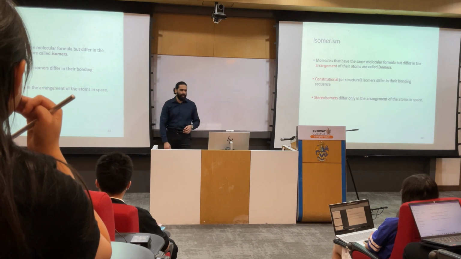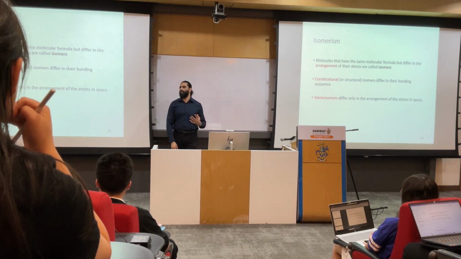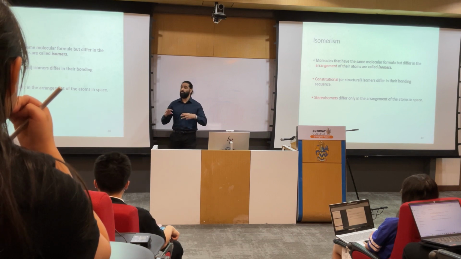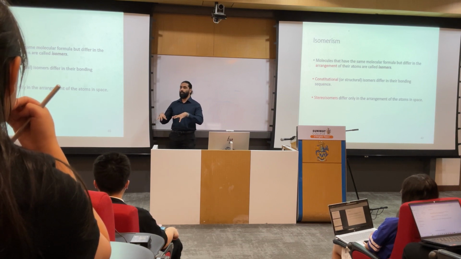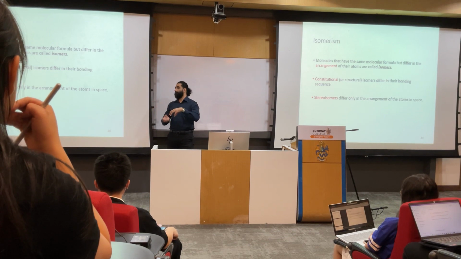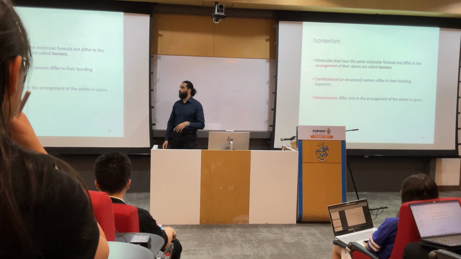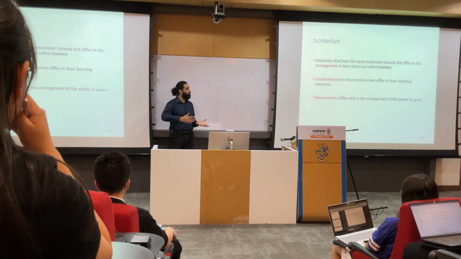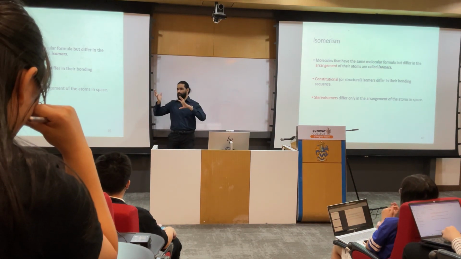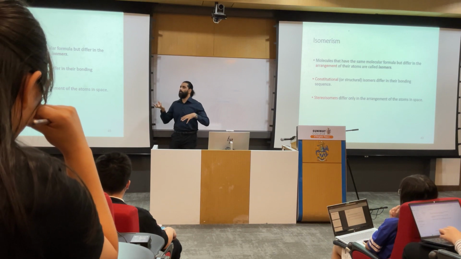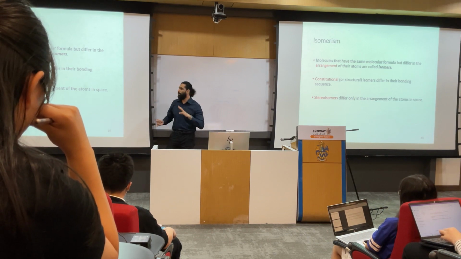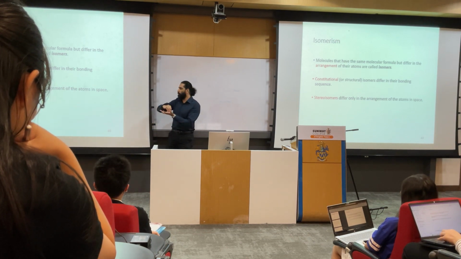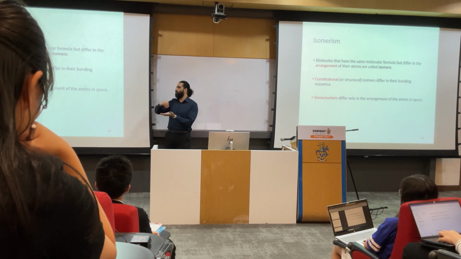So mainly we can have constitutional isomers or stereoisomers. Constitutional isomer means different arrangement, right? Different linkages. While stereoisomer means different orientation in terms of their spatial arrangement, right? So stereoisomers are mainly about the 3D aspect of the structure, while constitutional isomers are simply about their arrangement.